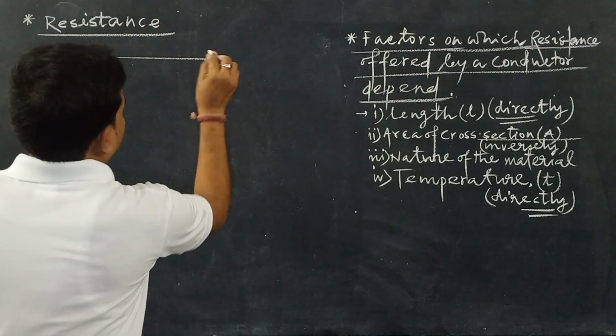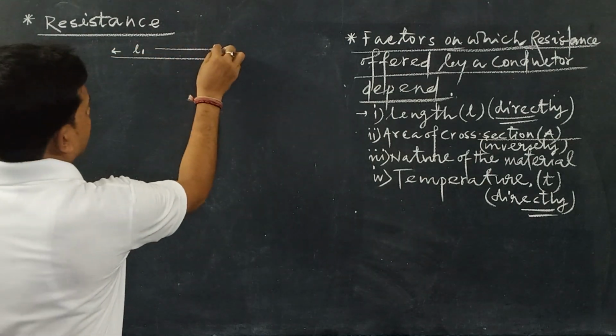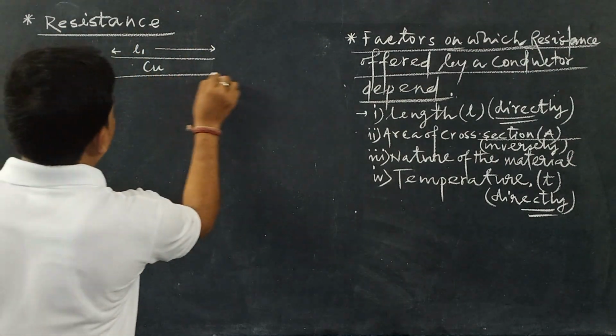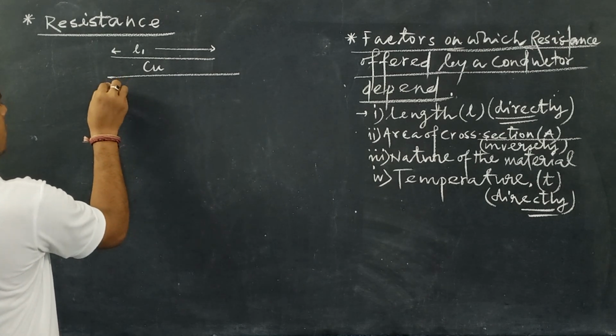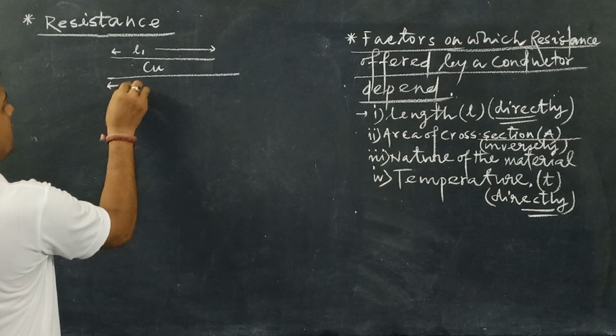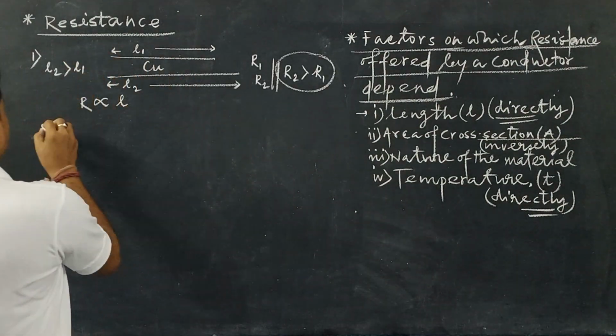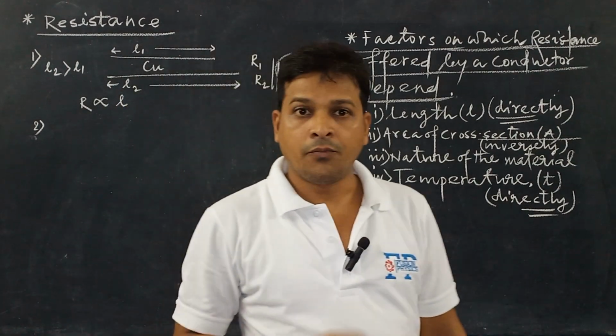Let us consider this is the length of the copper wire, let this be L1, and another copper wire of the same thickness, the length of the copper wire be L2. Relation for equal thickness.